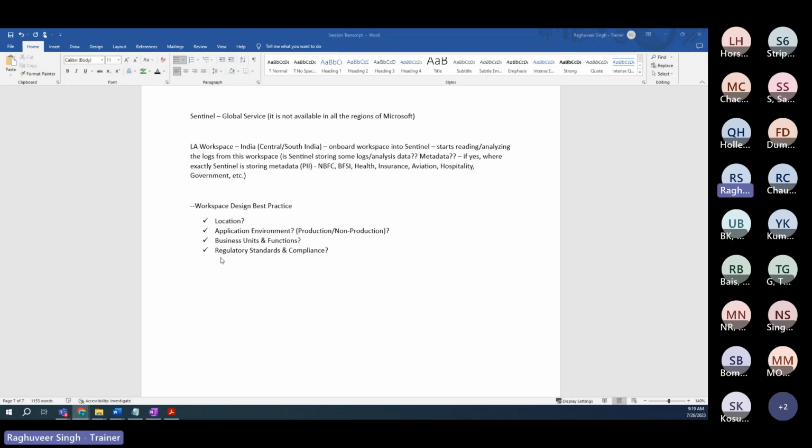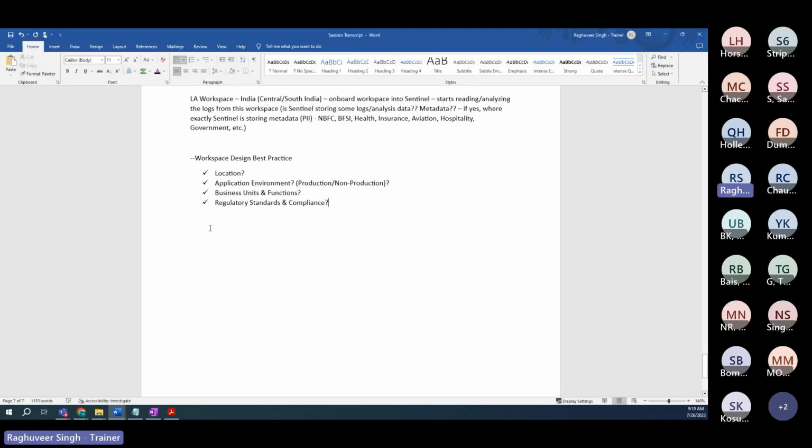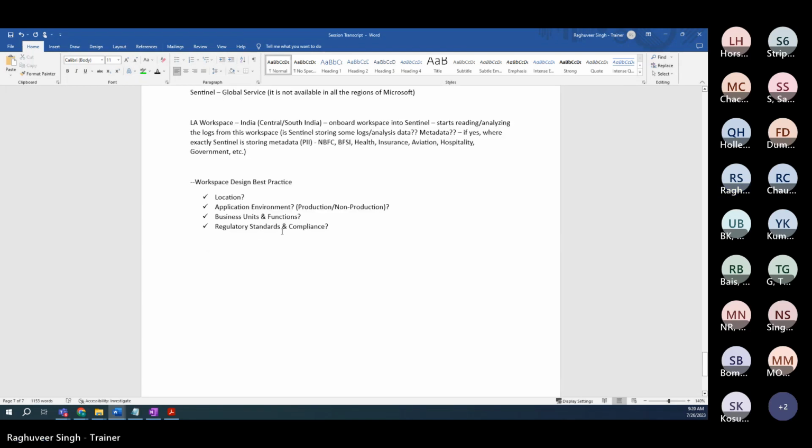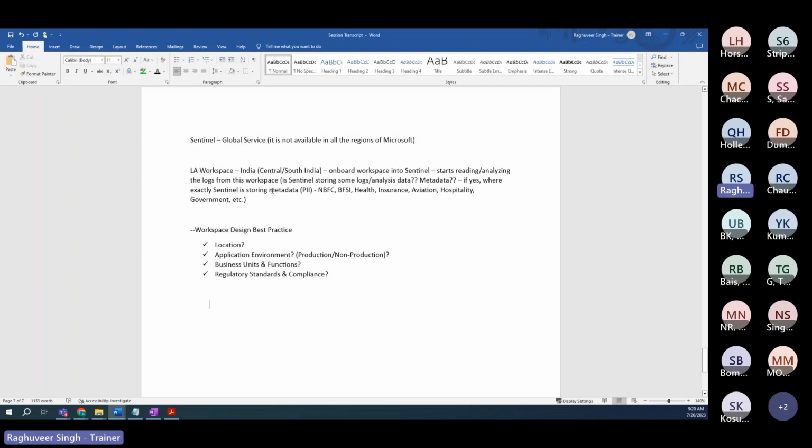Okay, so let's try and find answers to these questions. Let's start with the regulatory standards because we have already answered this question. If there are regulatory standards and compliances that you need to adhere to, you already have the answer: Sentinel is only available in US and Europe.